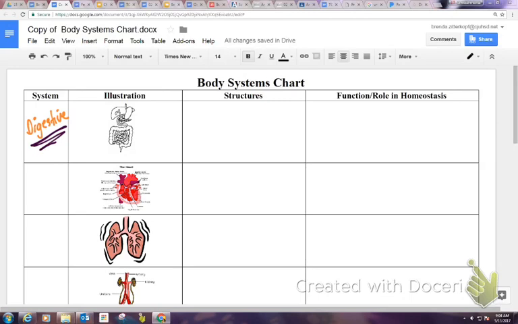Okay. So, what are the structures of the digestive tract? We've got a couple of names for them. We can call them the alimentary canal or the GI tract, right?